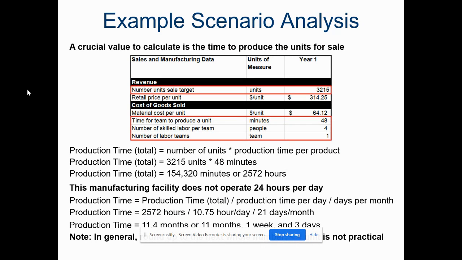So to calculate this, it gives you some ideas, and you might want to pause this to help you on your financial analysis. But production time, number of units, okay, so that would be 3,215 times the production time it takes. Well, per 1 unit is 48, so you take those, and it would be 100,320 minutes.